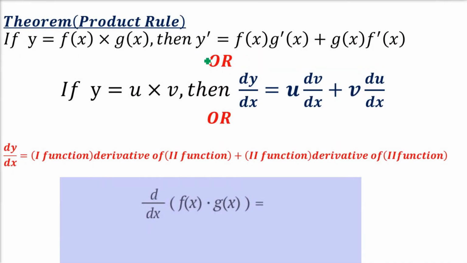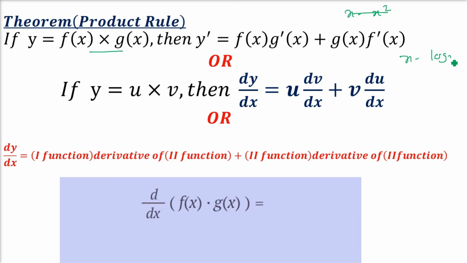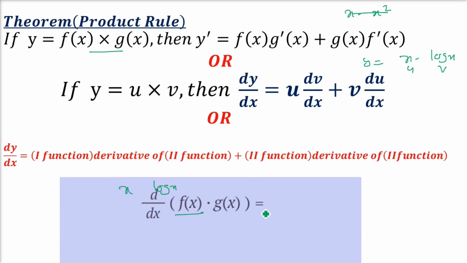Then we have a product rule, a very important rule. When we have two functions multiplied, for example x into x square, or say, because that will be x cubed, I'll take another one, x into log x, or say e to the power x into x. So you will take one as u, one as v. First you will take the first value and the differentiation of the second value, multiply them, then addition, when you take a plus sign, the differentiation of the first value and the second value.